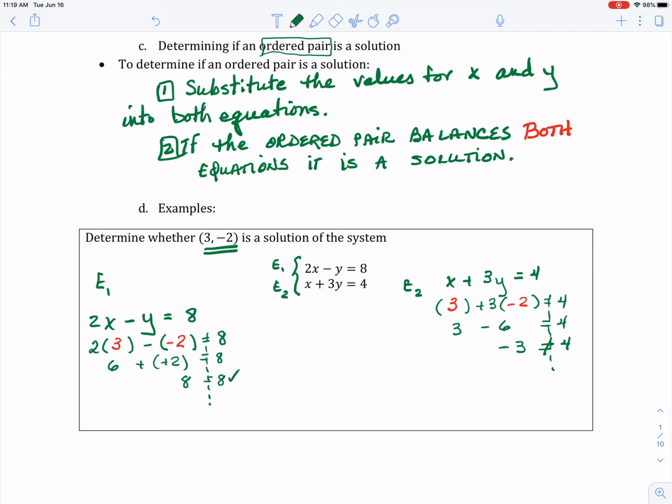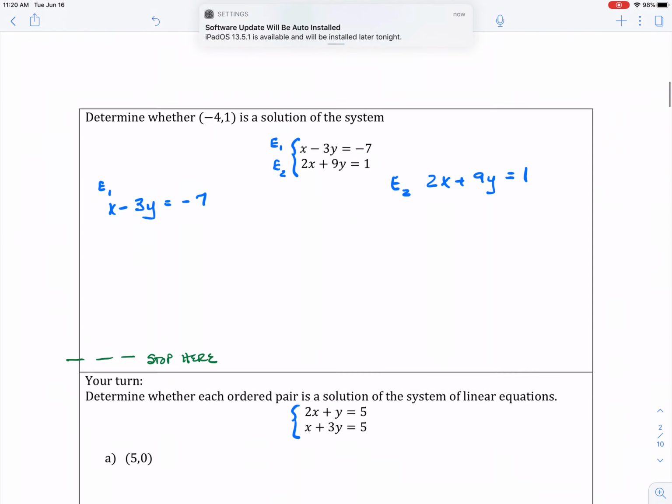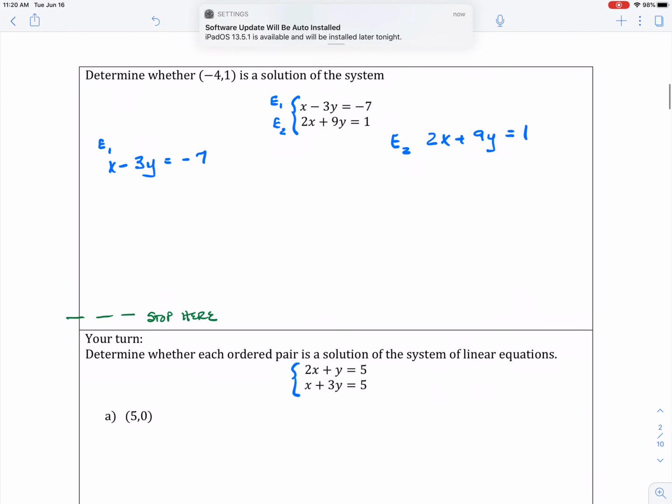So even though the solution 3, -2 was a solution for the first equation, it is not a solution for the second equation. Therefore, this is not a solution for the system for both equations at the same time. So that's pretty simple. I'm going to do one more quickly like that. I don't think you need to see any more than just a couple of these.